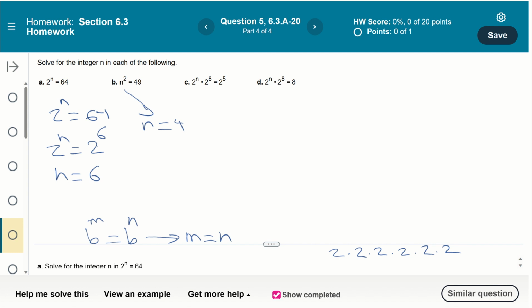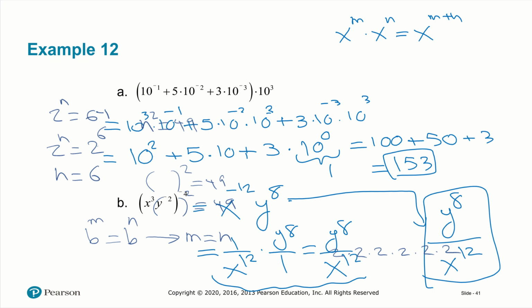we're no longer limiting ourselves to the set of whole numbers or natural numbers. So it's possible for us to have negative answers as well. So if n squared is 49, you need to ask yourself, what numbers can I square to get 49? Now, if you think carefully, you will realize it's not just one number.